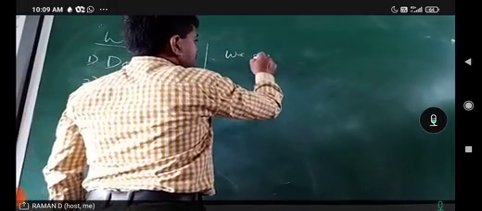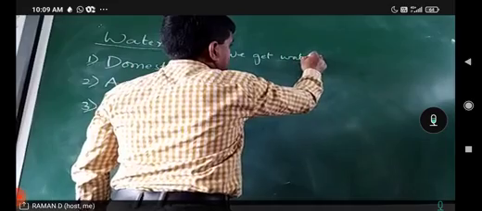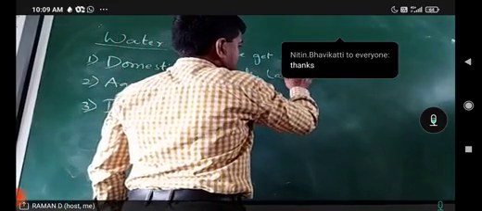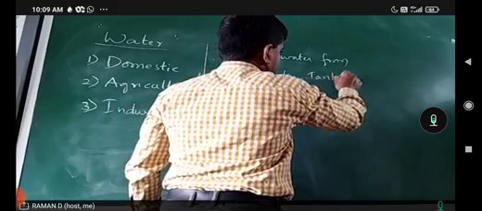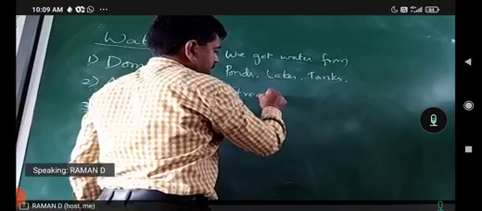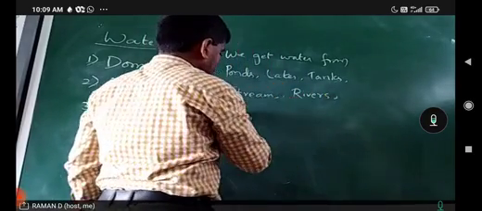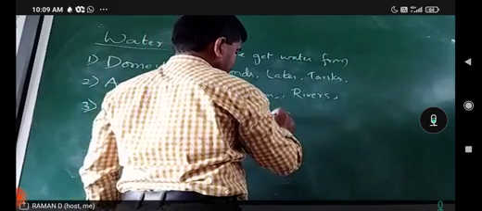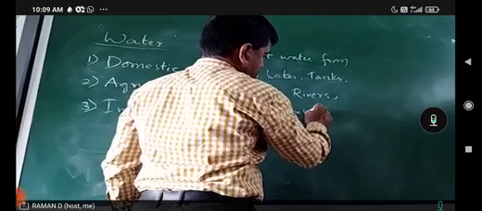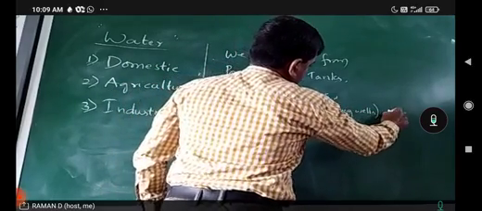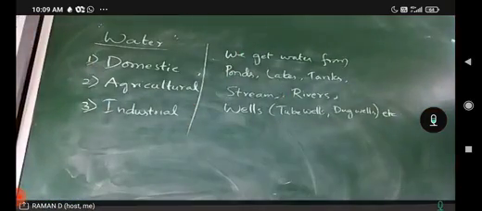We get water from ponds, lakes, tanks, streams, rivers, wells, tube wells, bore wells, etc. So, where do we get water from? We get water from ponds, lakes, tanks, streams, rivers, wells, right?